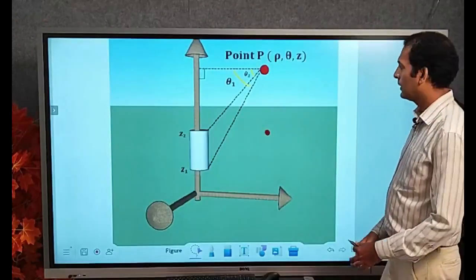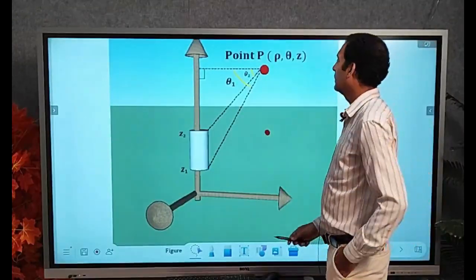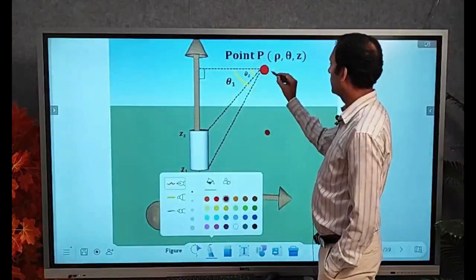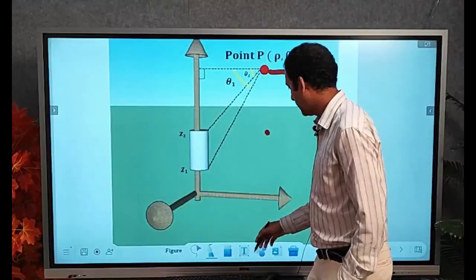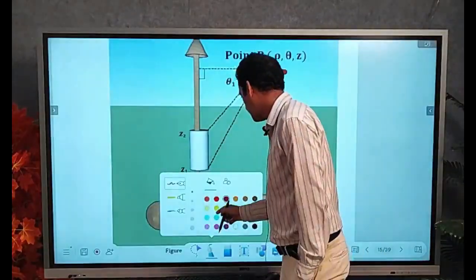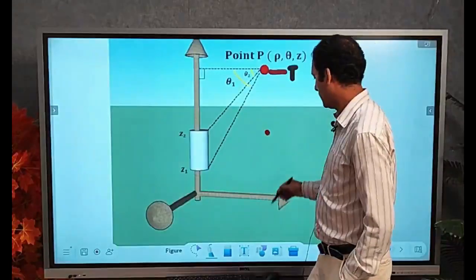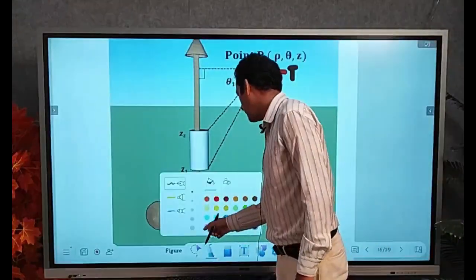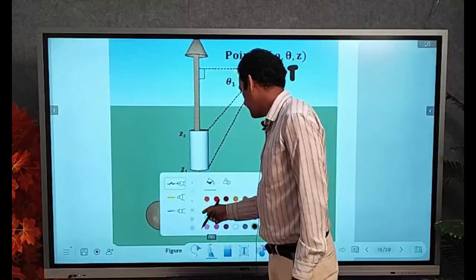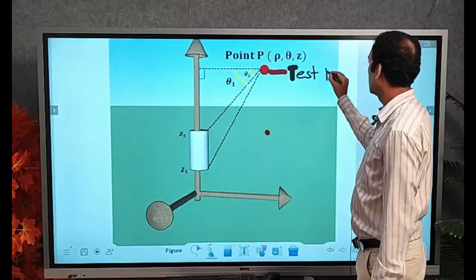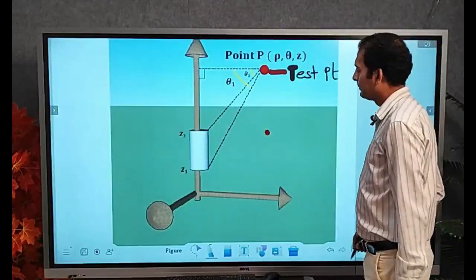If point P is placed like this, hanging in space, this is our test point.